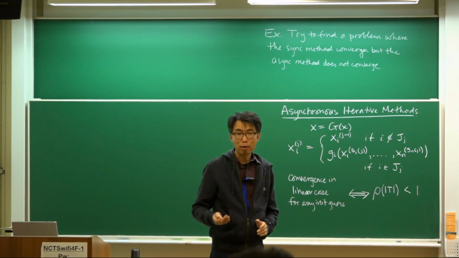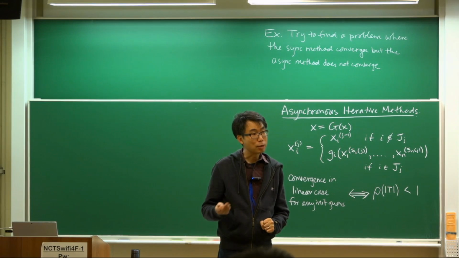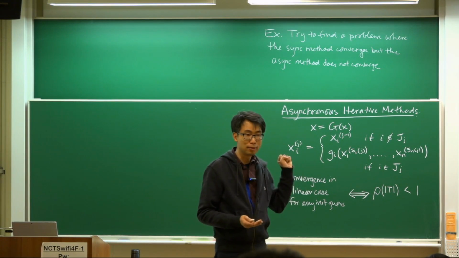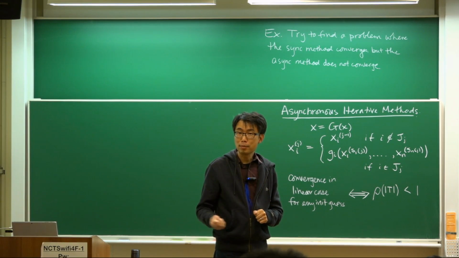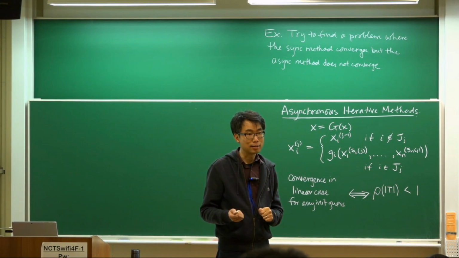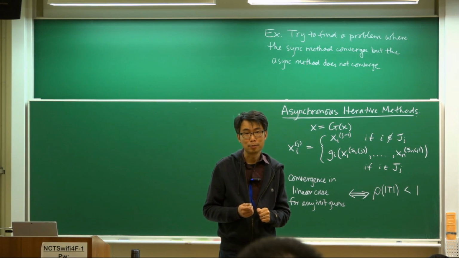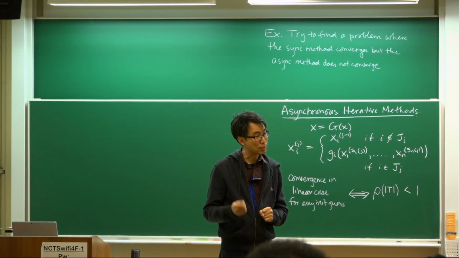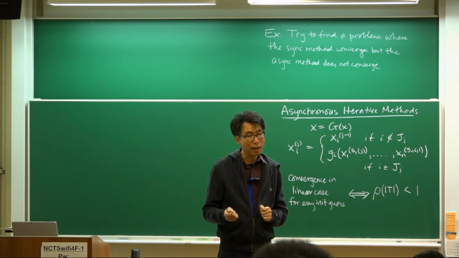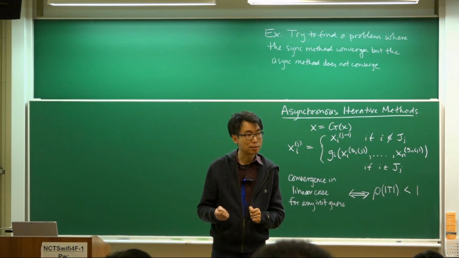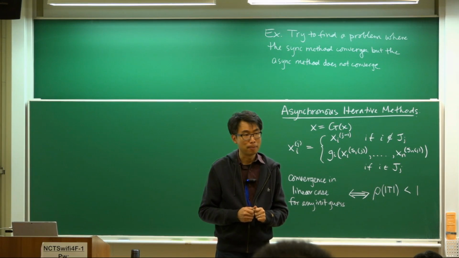So you want to find a problem, a matrix A, where the iteration matrix for the Jacobi method has spectral radius less than 1, right? That means that the synchronous method will converge, but the absolute value of that iteration matrix has spectral radius greater than 1. Okay?